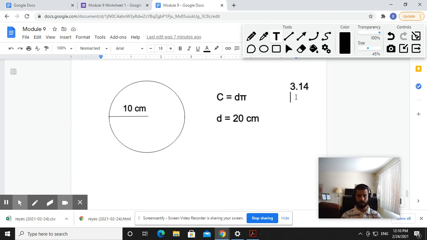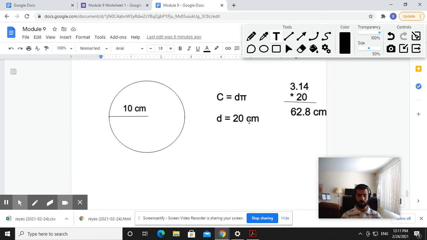I'll do this right in front of you. So times 20, and I'll just think of it as times 10 and then times 2. And that's going to give me 62.8 centimeters.